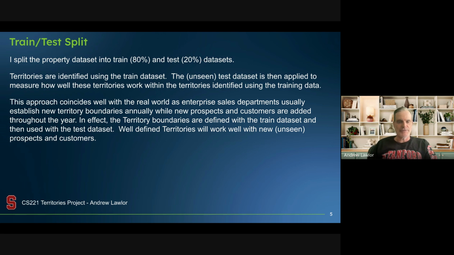This dovetails very well with how organizations do their territories. They set their territories up at the beginning of their fiscal year. That corresponds to the training data set. And then the test data set would be analogous to additional prospects and customers entering those territories. And well-defined territories will work well with unseen prospects and customers.